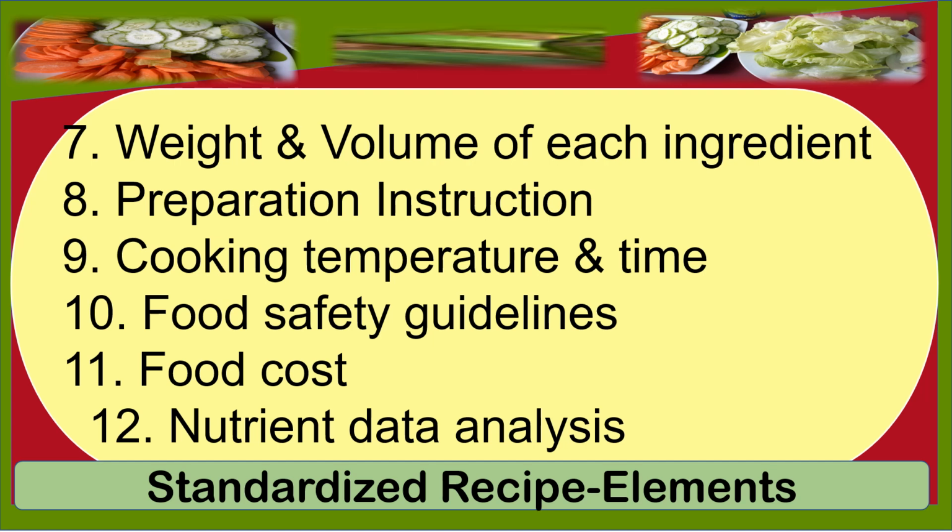Then number eight, the preparation instructions. So these are the specific directions for preparing the recipe. That's very important. That is the step-by-step how to cook or how to prepare this kind of recipe. Okay, number nine, the cooking temperatures and time.